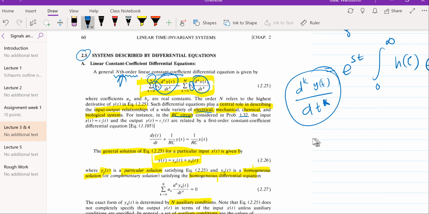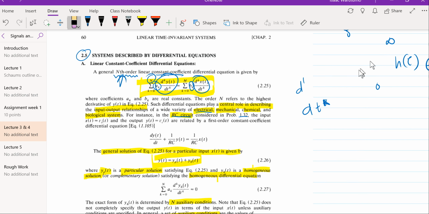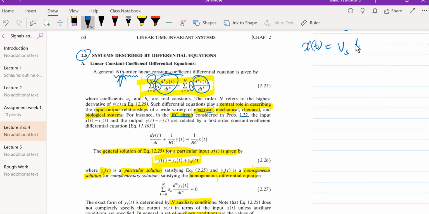And we are saying that in that system, the input x(t) is defined as vs(t), which is a voltage source that is varying with time, and the output is described as y(t), which is v out, at the output.